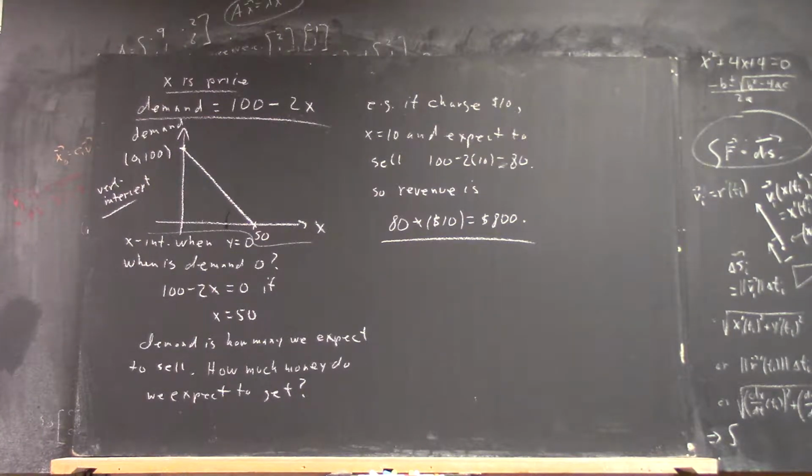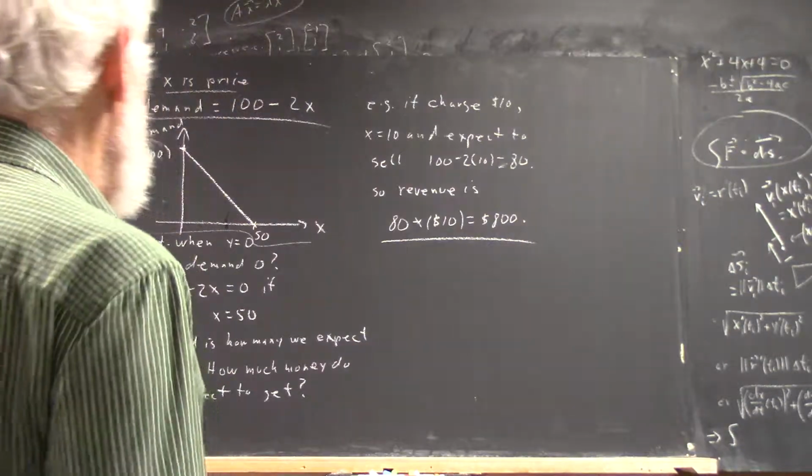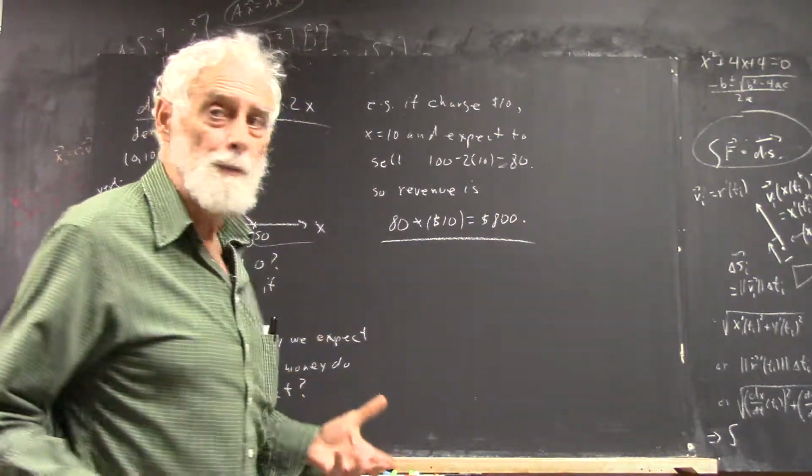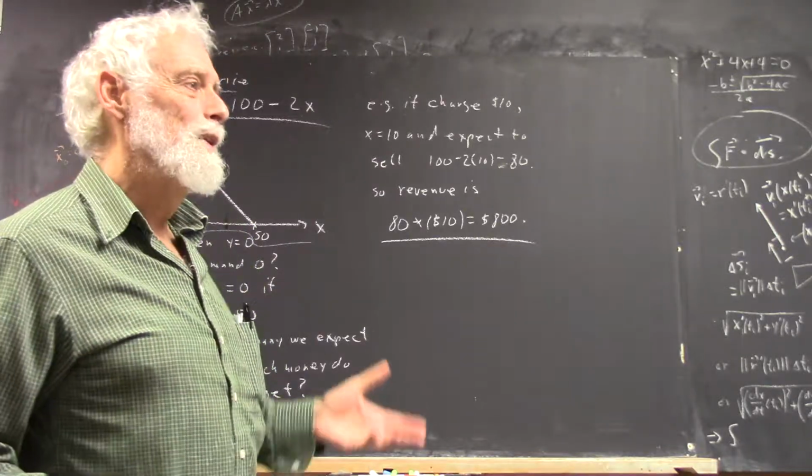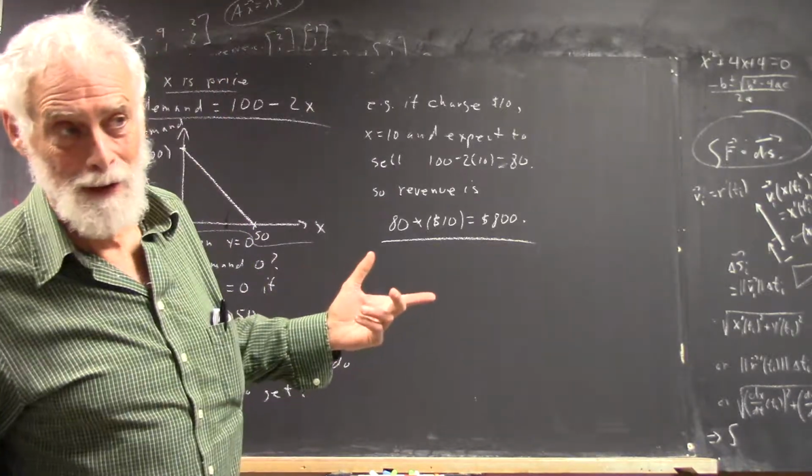Okay? Now, is that our profit? Why not? Manufacturing cost? Yeah, maybe I make these in my spare time and I don't pay myself anything for my time. So maybe that is profit if I don't count my time.